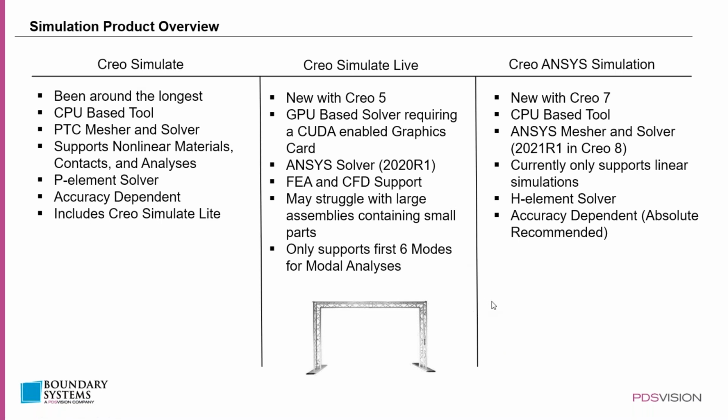Now, as far as the tool that shows instant FEA update, and that's due to this meshless technology, this is Creo Simulate Live. So yes, that is completely correct. Creo Simulation Live is the one that's going to use your GPU. It's going to work much faster. That's not Simulate Lite. Simulate Lite is pretty irrelevant.